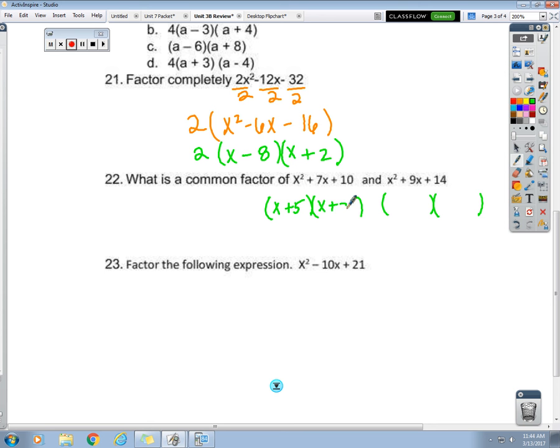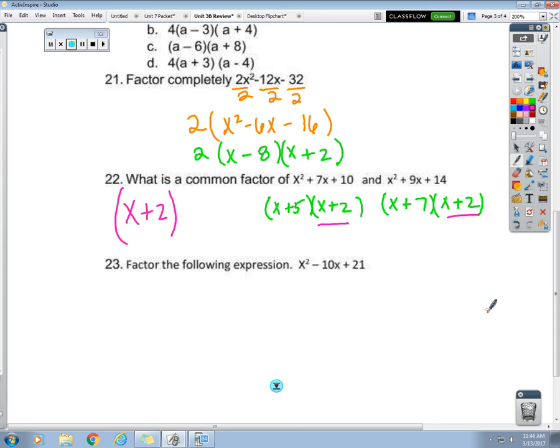So what would the factors be for this trinomial? 7 and 2. So for this problem, what's the common factor? x plus 2. That's the answer you'd be looking for because both of them have that factor.